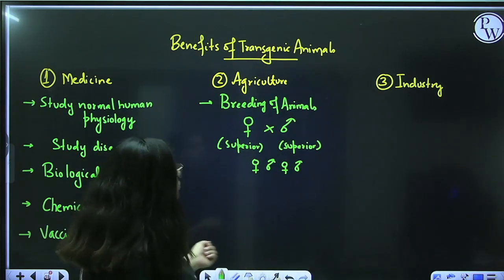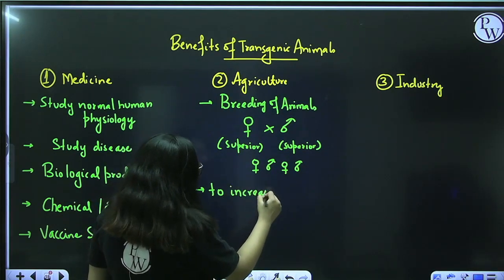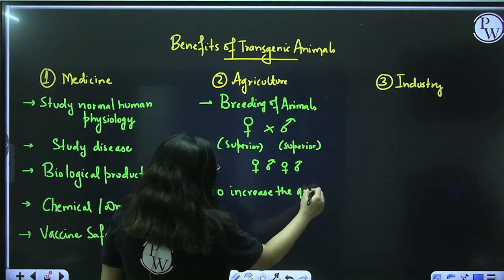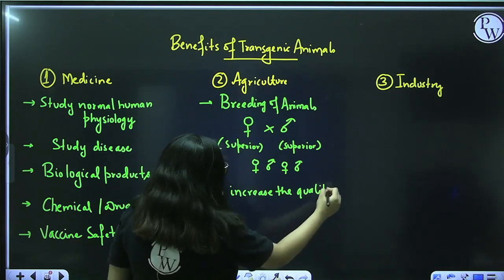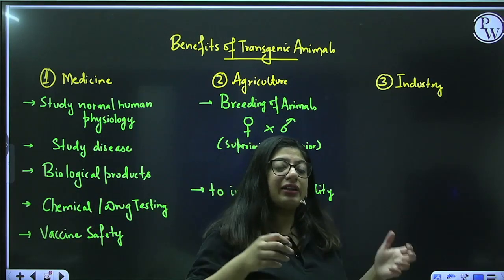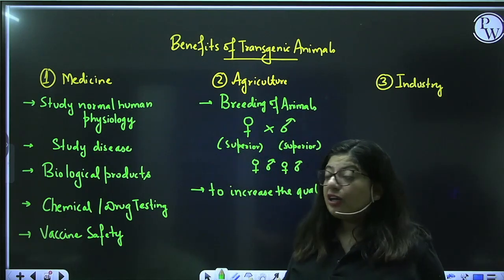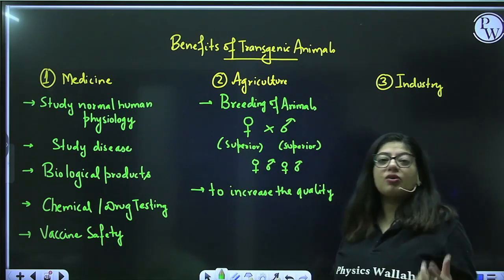So that comes to the second point. That means to increase the quality of animals or their products. For example, Rosie was a cow. The cow was producing a lot of milk, and the good thing was the milk had high protein value, right? So that was how we increased the quality also.